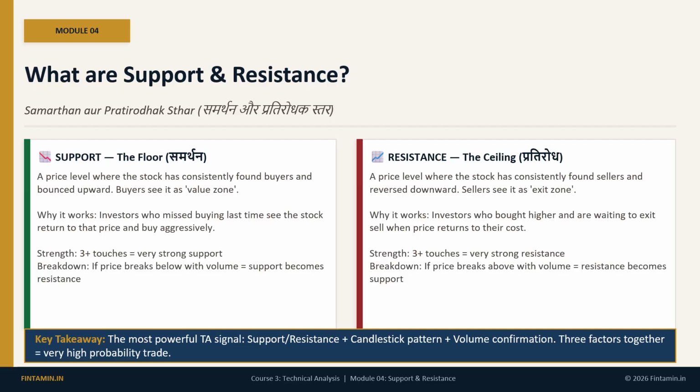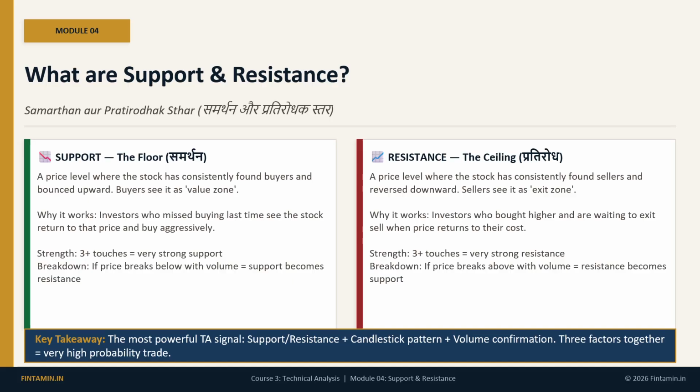Why do these levels work? Because human memory is long in markets. If you bought Reliance at 2,400 six months ago and it went up to 2,800 and then came back to 2,400, you will buy again at 2,400 because you know it bounced last time.